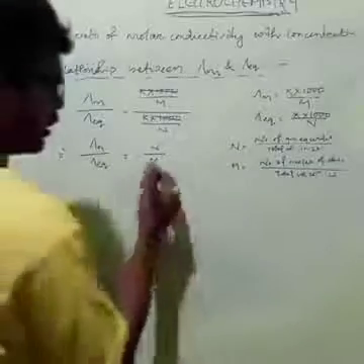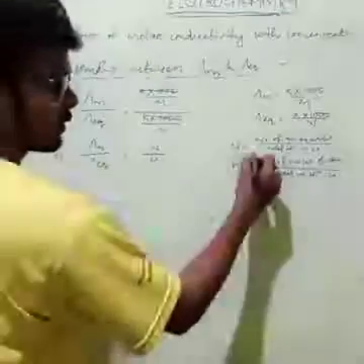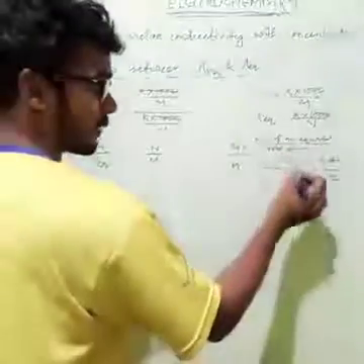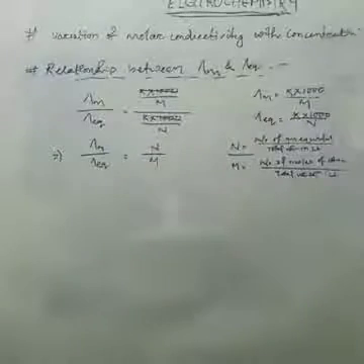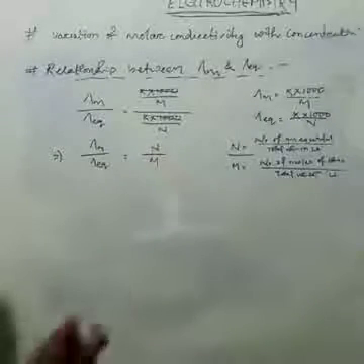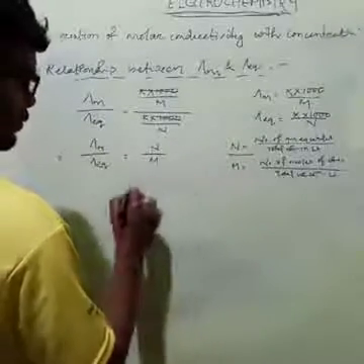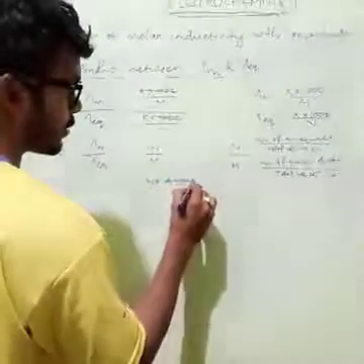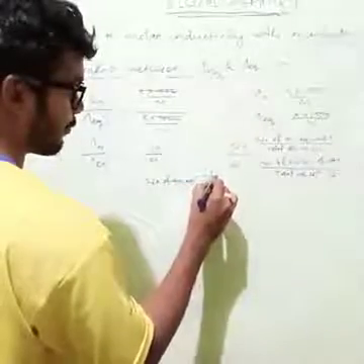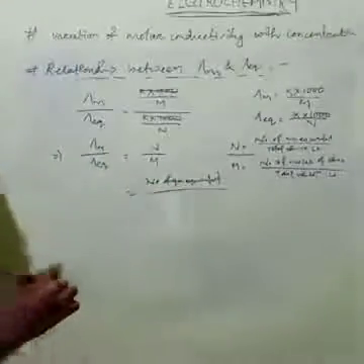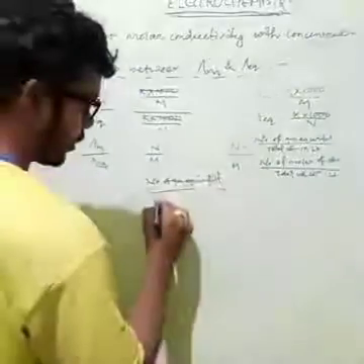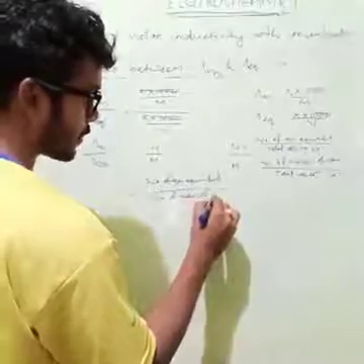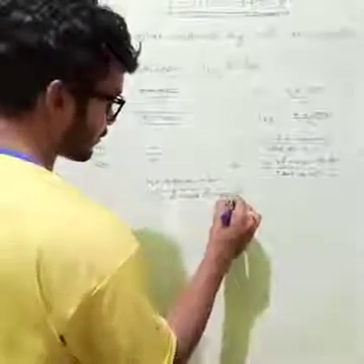So here N by M, the volume will cancel. So you will get the number of gram equivalents divided by the number of moles of substance.